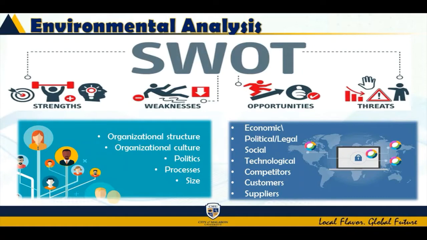And also we have the social. In social, for example, what is the impact of an aging workforce on our organization? And then we also have the technology. For instance, we need to adopt innovation from time to time. And the competitors, which never really go away. Since they do not go away, we need to have a lot of strategies so that we can compete well.